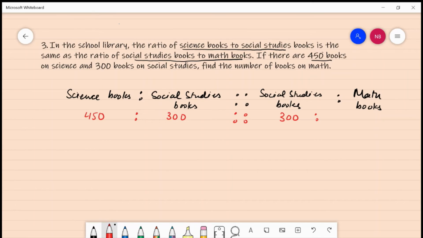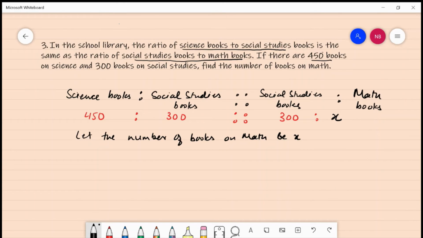What will I do? Yes, you're right. We have to assume that the math books is x. So we have to write a statement here. I will say, let the number of books on math be x. Yes, so I'll write x here, and now I'll try to solve it.